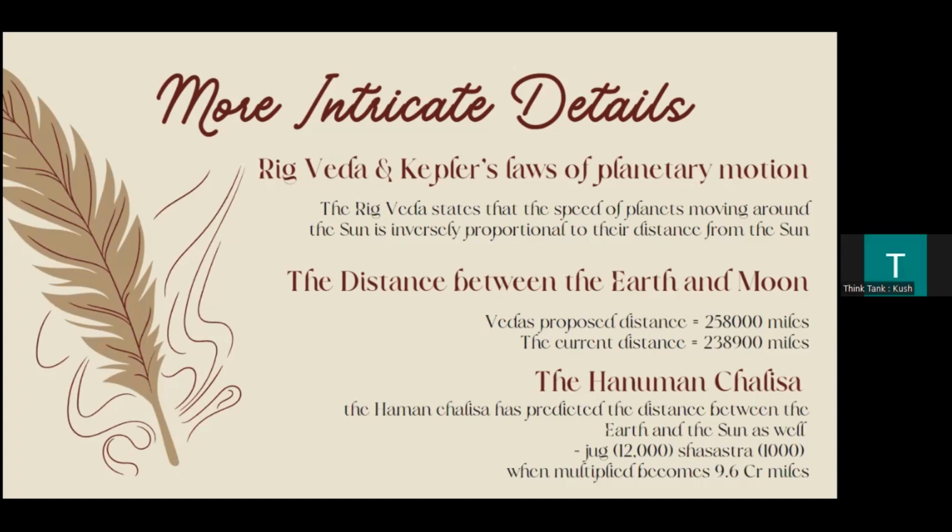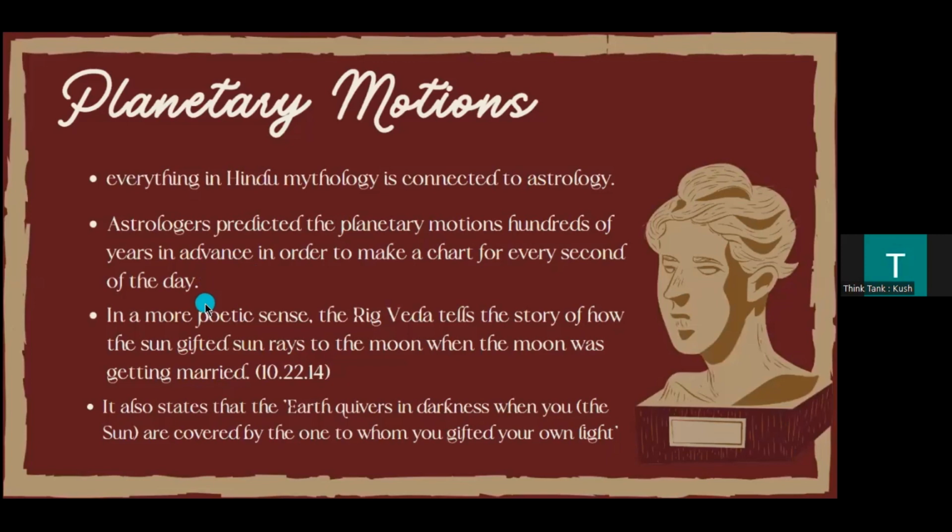The Vedas also mentioned the distance between the Earth and Moon. Their distance was 258,000 miles, and our distance is 238,900 miles, which is quite similar. You can forgive them for that extra 20,000 miles.